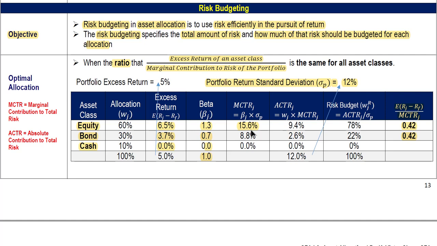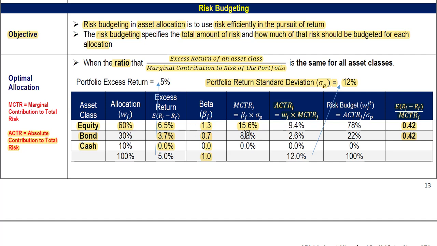Okay, that makes sense. Now, there's another terminology called the absolute contribution to the total risk, the ACTR. The ACTR is equal to the weight of the class times the marginal contribution to total risk of the class. For example, for this optimum portfolio, we have 60% in equity.